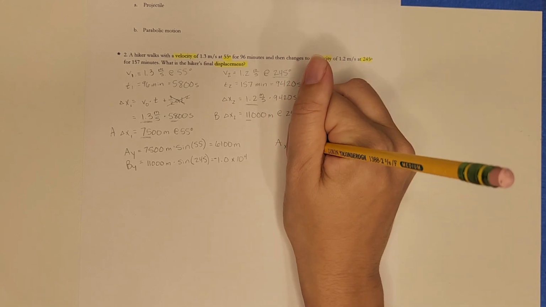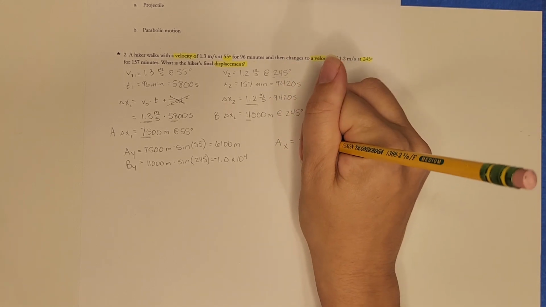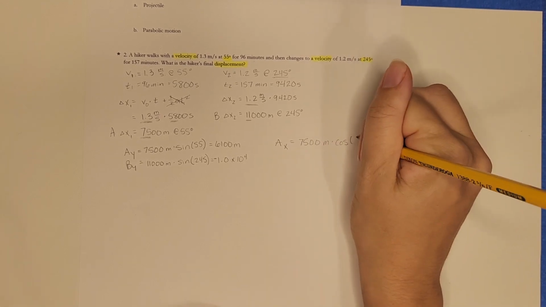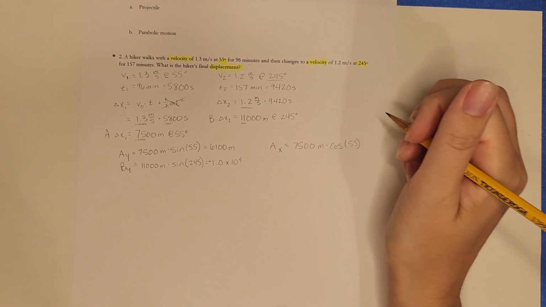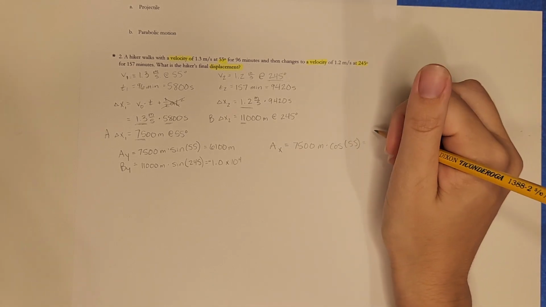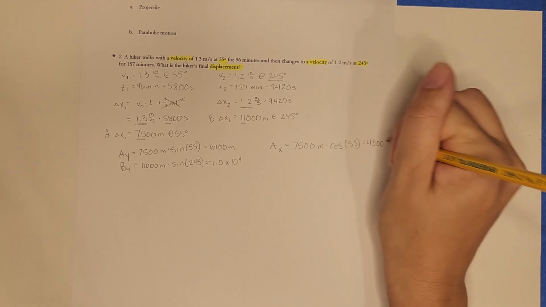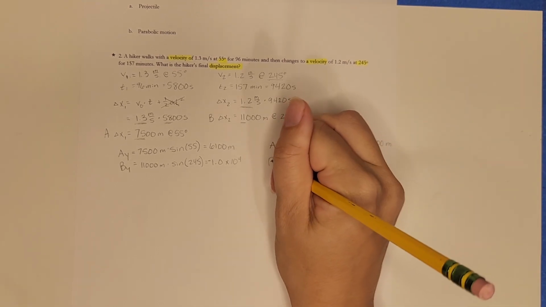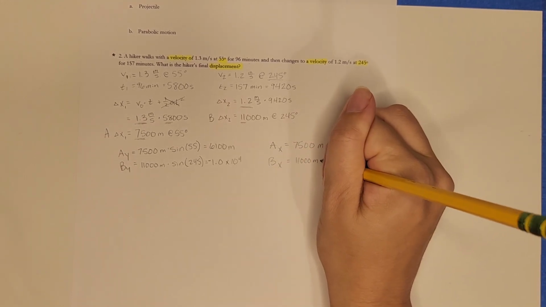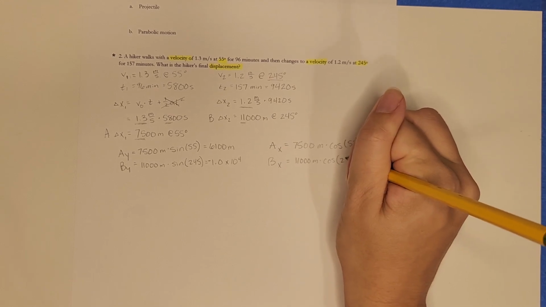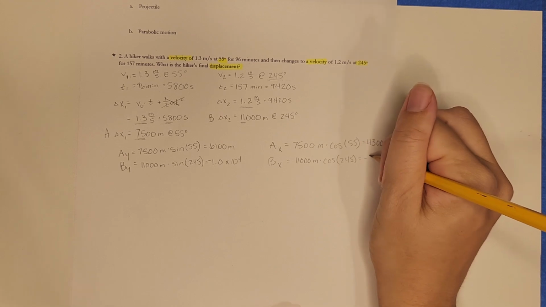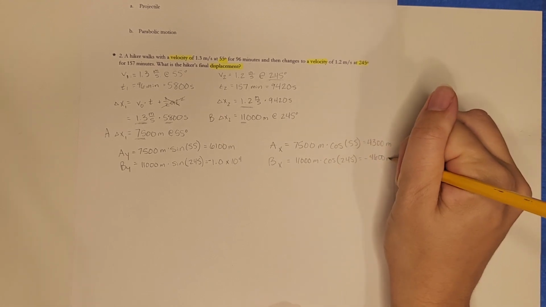So a x is 7,500 meters times cosine of 55, and that is going to give us 4,300 meters, and our b x is 11,000 meters times the cosine of 245, and that's going to give us negative 4,600 meters.